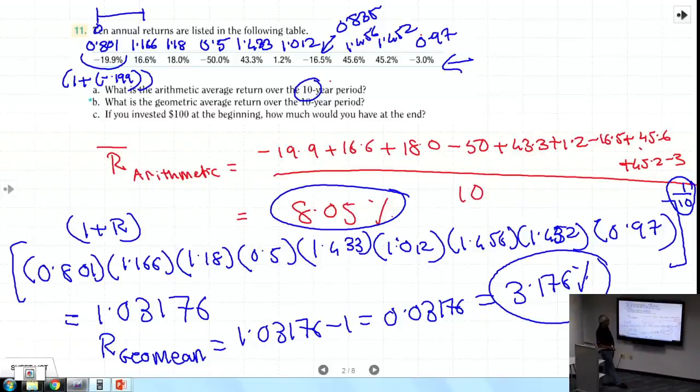Now, which number is closer to reality? To answer that, you have to follow this process. Take $100 and keep on growing it each year by the percentage of that year.